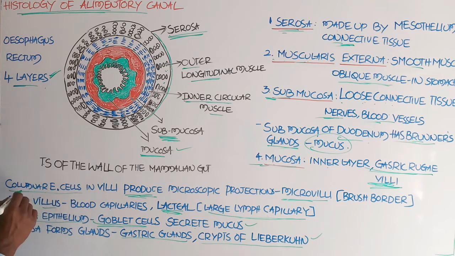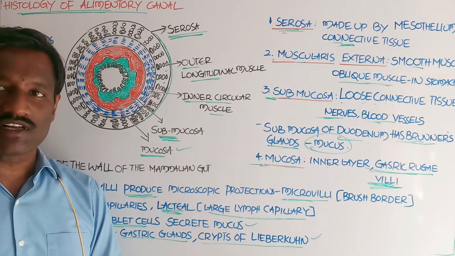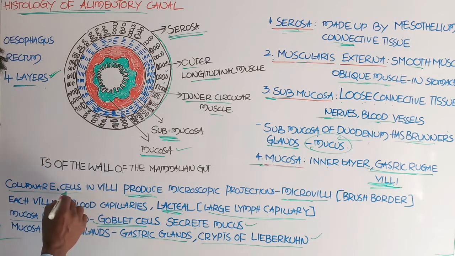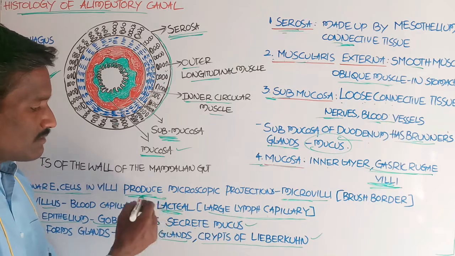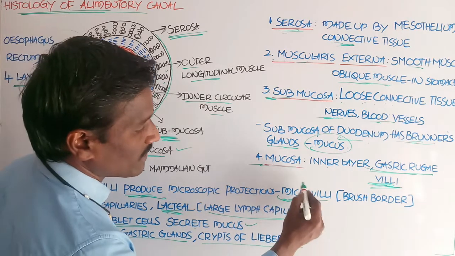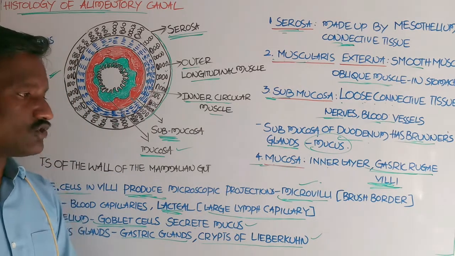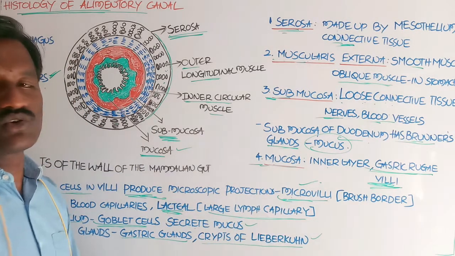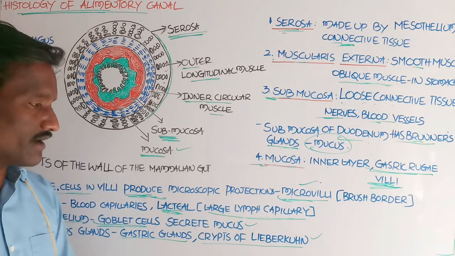The villi are lined with columnar epithelial cells. The columnar epithelial cells present in villi produce microscopic projections called microvilli. Students, microvilli show the brush border appearance in the region of the small intestine.